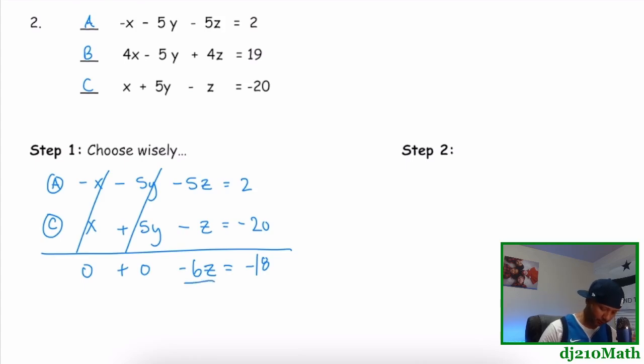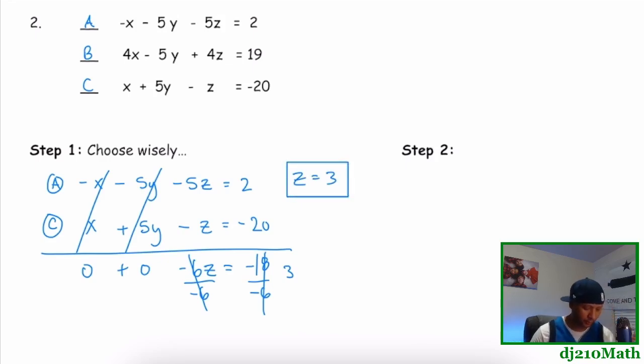And then solving for z, we're going to get 3. So z right now is equal to 3. That's kind of interesting that we got z already. That doesn't normally happen. But let's see if we can get another variable to disappear.